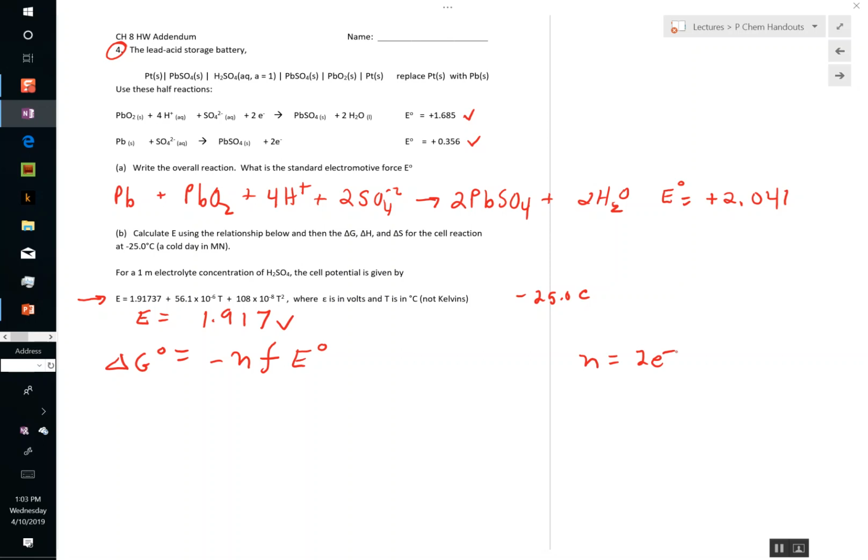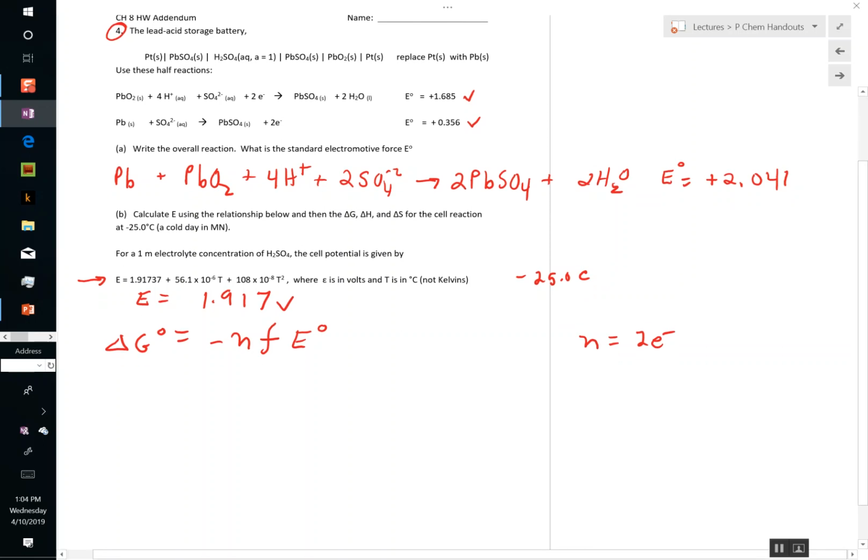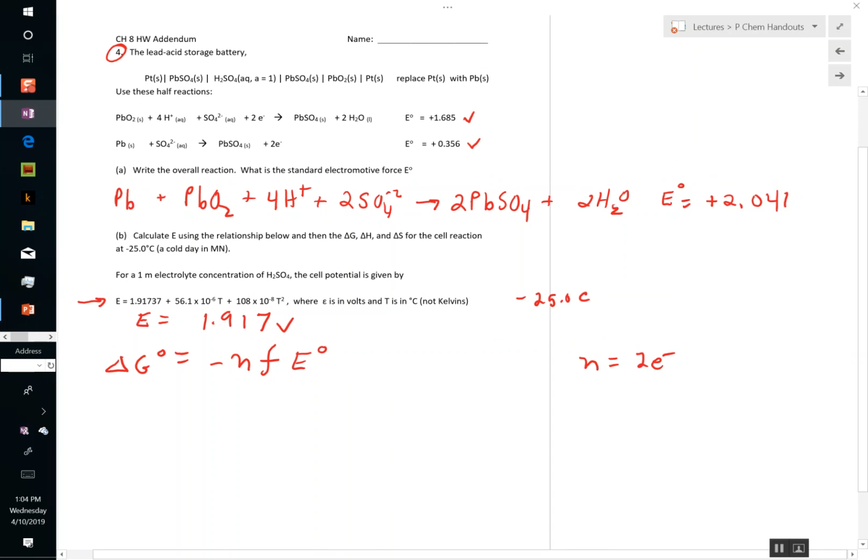But is that E naught? It's still E naught even though we're at a different temperature, right? We talked about this, didn't we? That E that we just calculated is still E naught even though we're at a different temperature? Oh, wait a minute. No, I guess we would be calculating delta G, we'd be calculating delta G naught. Delta G naught would be at 25C or whatever. Right. So, okay, I see what you're saying.